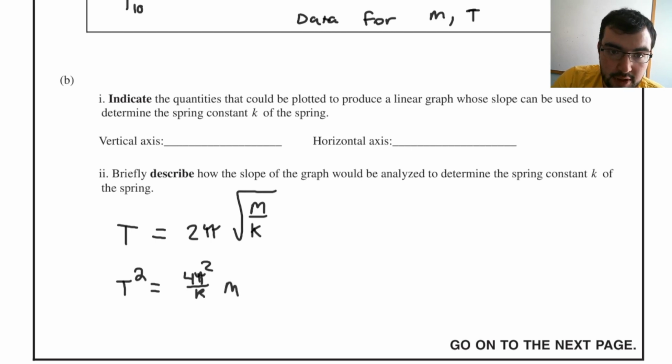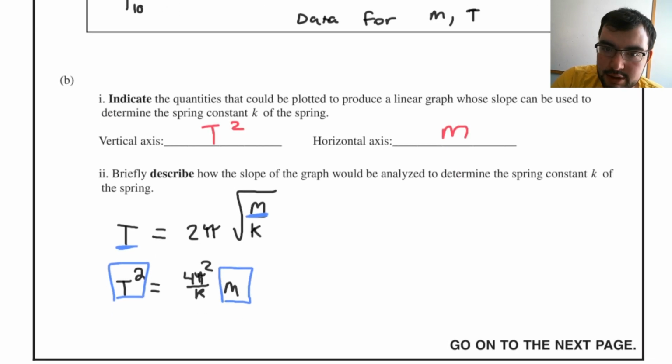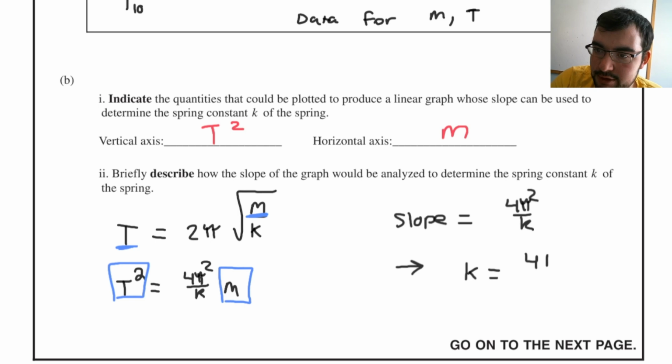So m is a variable and T is a variable. So now this is y equals mx plus b format. So we would graph T squared as a function of m, because the slope of our graph would be equal to 4 pi squared divided by k. So then after doing some algebra, you can get that k is just going to be 4 pi squared divided by the slope.